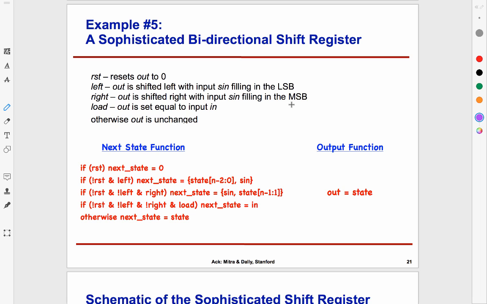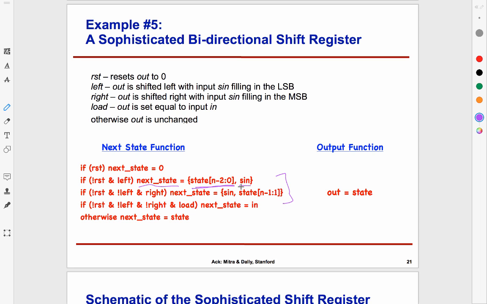Again, you will see that I'm using this funky syntax out here. What this is saying is that the next state is assembled such that its upper n minus 1 bits are made using what used to be the lower n minus 1 bits, and SIN is the new LSB.